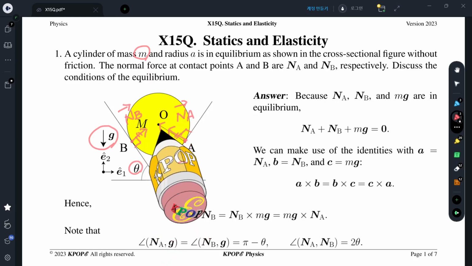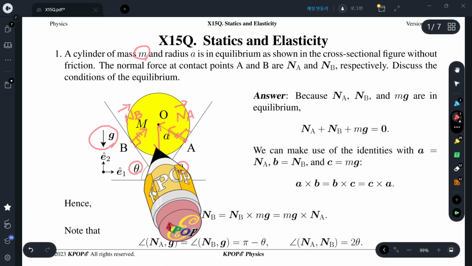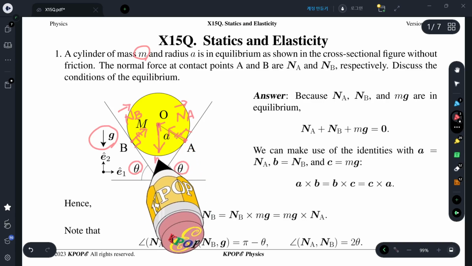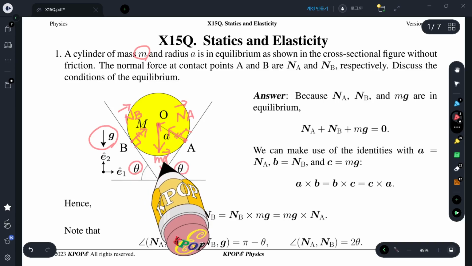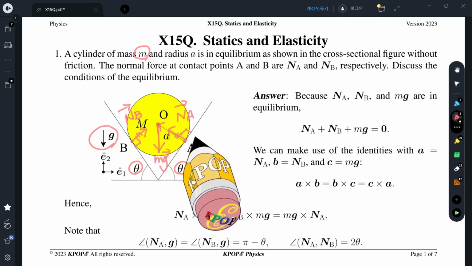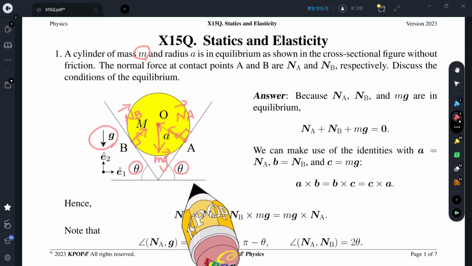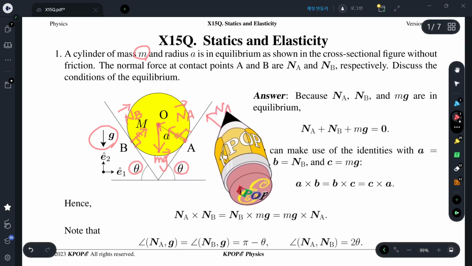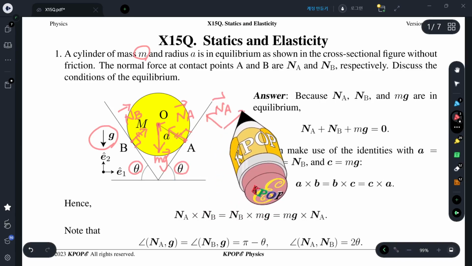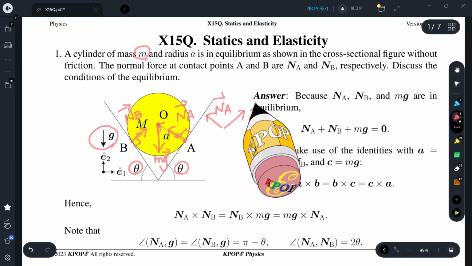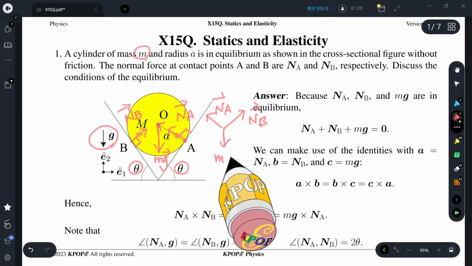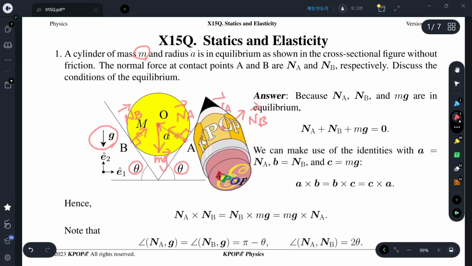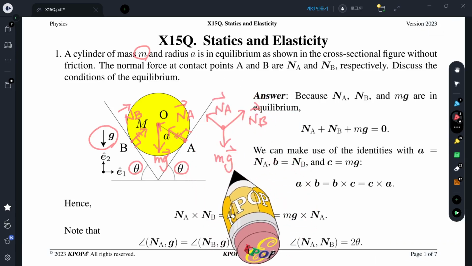The gravitational force is applied at the center, that means the center of mass. So this rigid body experiences three kinds of force: NA, a vector, and NB, and mg. These three forces are applied as external forces.